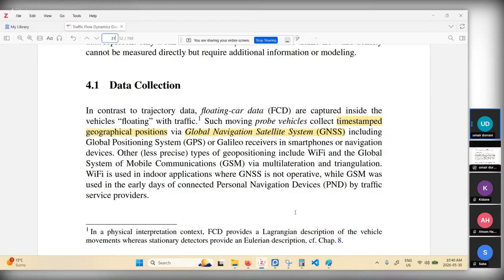So smartphones provide their own data, as well as GNSS, and it is time-stamped, so we get geographical positions, which are indicated either by northing and easting. Northing and easting is a geographical way of giving you coordinates of where exactly you are on Earth, or it could also be projected in a particular geographical projection system. Without going into the details of what those projection systems are, we know that we get information about the vehicle's location using geographical coordinates.